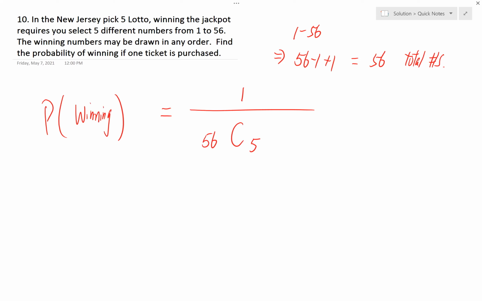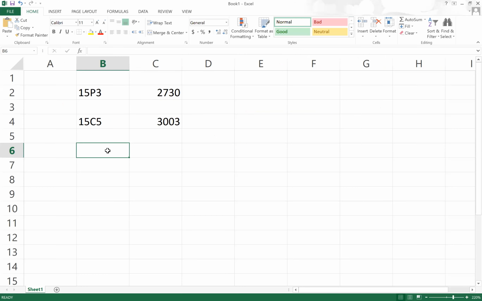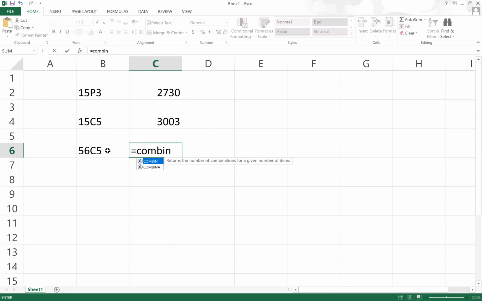Okay, and that should be 1 over. And let's use Excel to get a result. Since these are fairly large numbers, the calculation will be a little bit messy. So 56 C 5. Okay, so we do combination. Total number is 56. We're picking 5 winning numbers out of 56 numbers. And you get this, right? So this turned out to be 3,819,860.